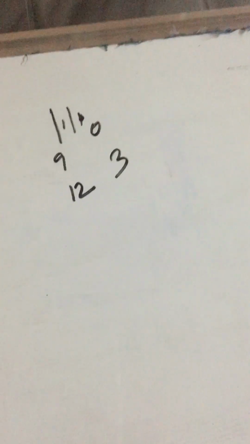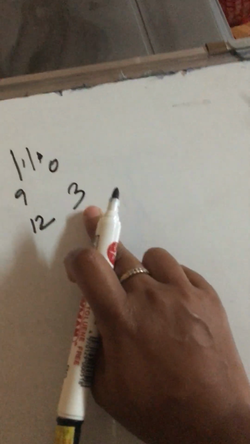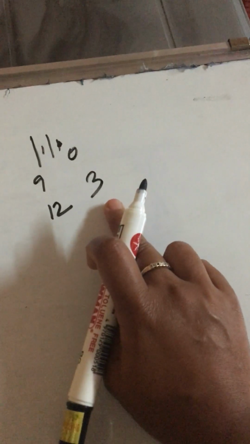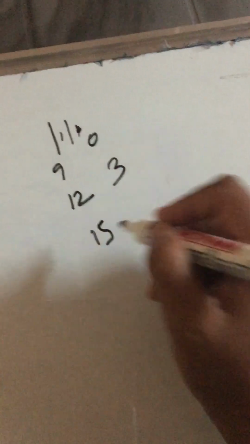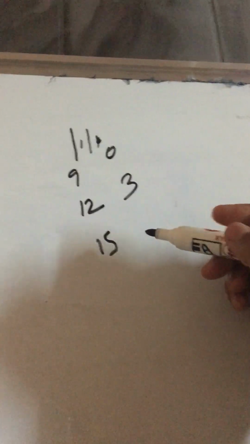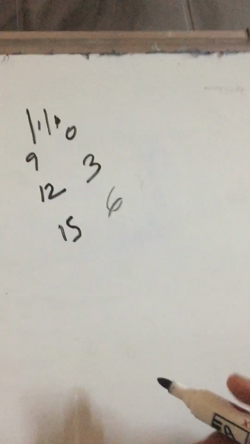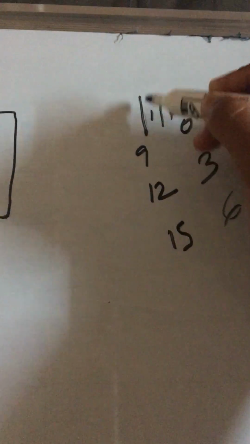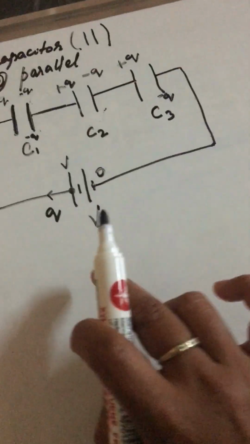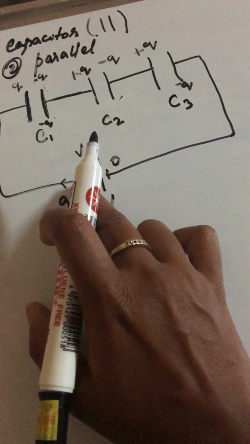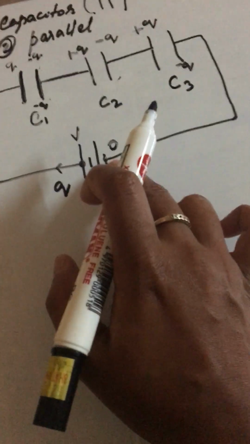It's up to me, still the difference is 9. I can even say 15, and for making the difference 9, how much is needed? 6, right? Still the difference is the same, so the easiest way is to take one as full and another as 0. So the potential difference is V, this side is V and another is 0.